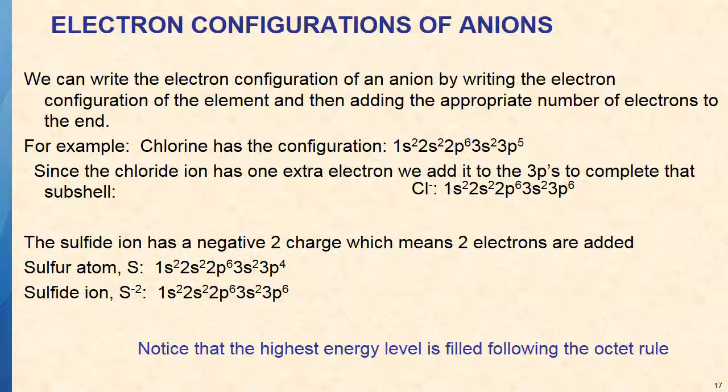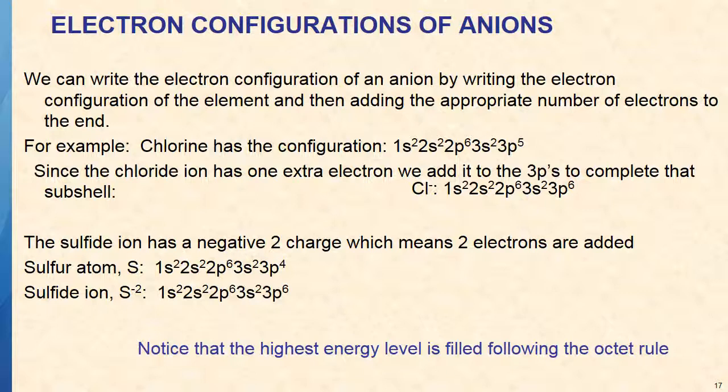All right, we can write an electron configuration for an ion. In this case, on this slide, the anion. So remember that anions add electrons, and so all we have to do for chlorine here, you can see the electron configuration for chlorine: 1s2, 2s2, 2p6, 3s2, 3p5.